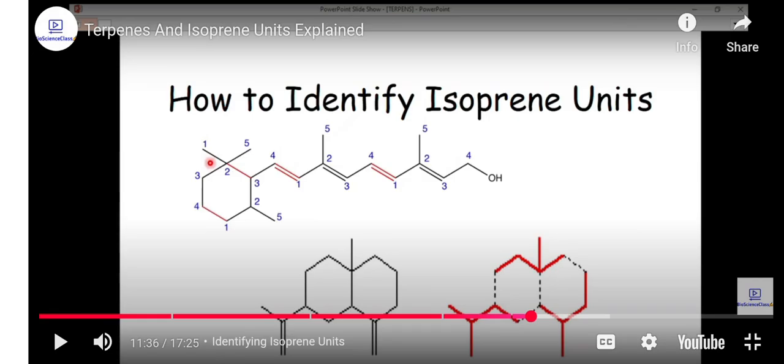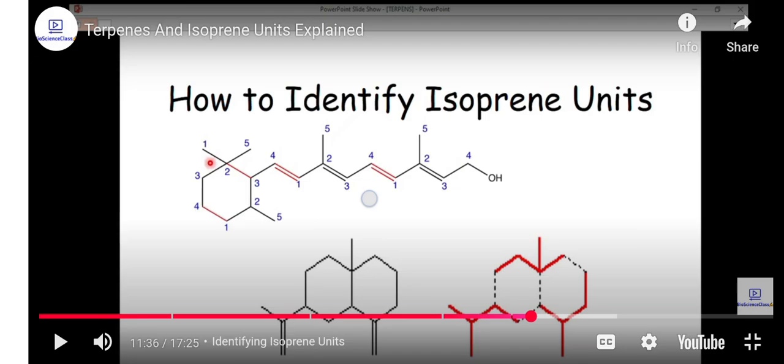It's not that difficult. It's just isoprene, terpenoids, then classification, the structure, how it is formed, and how to identify isoprene units. At the end of the chain, you can just see 2 double bonds will be there.